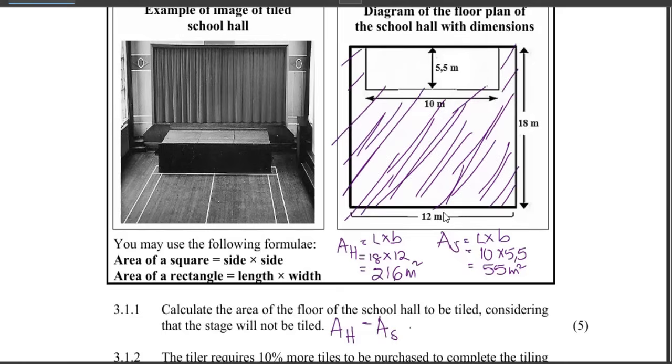So we shall say 216 minus 55, and the answer becomes 161 meters squared. So that's the area to be tiled.